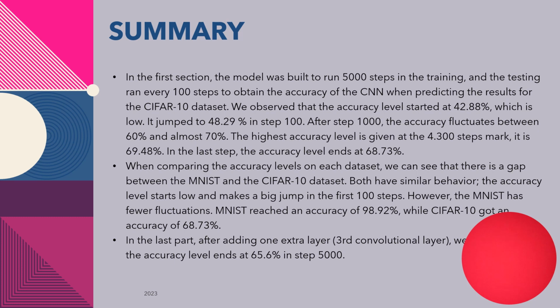After step 1000, the accuracy started to fluctuate between 60 and almost 70%. In that period, we could see that the highest accuracy level was given at the 4,300 steps mark.